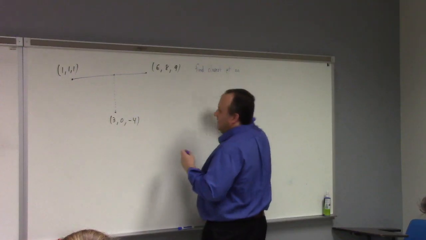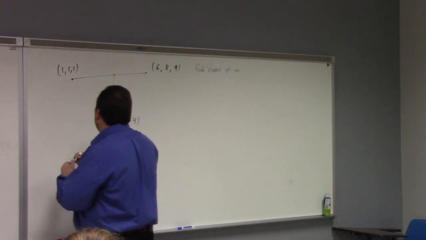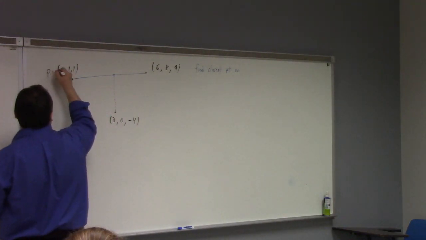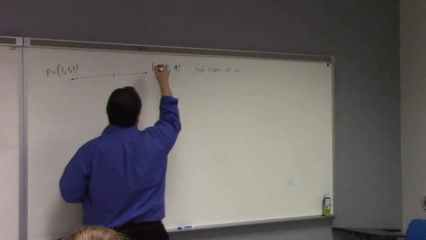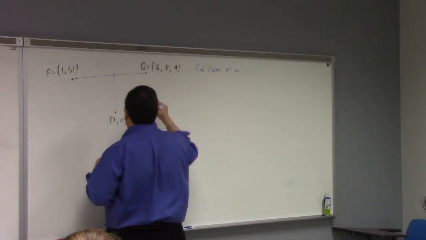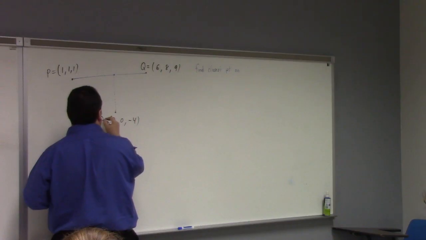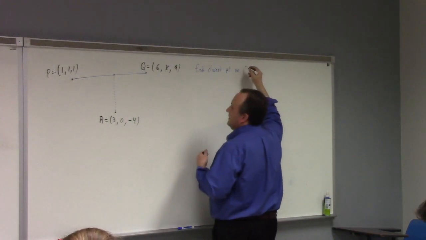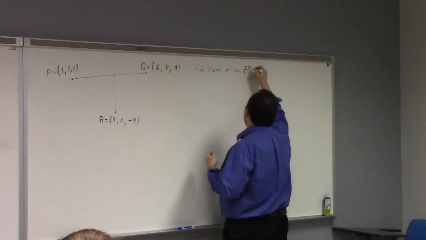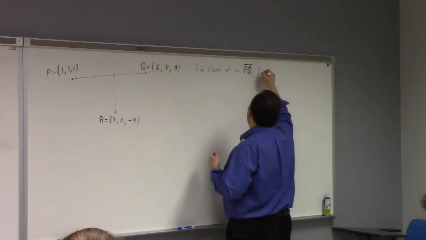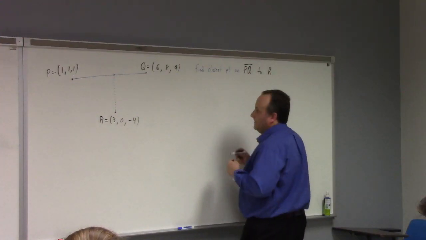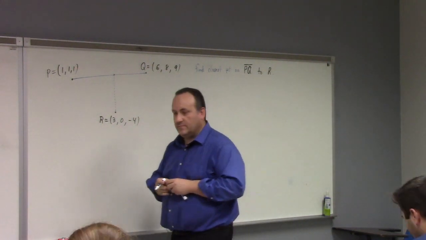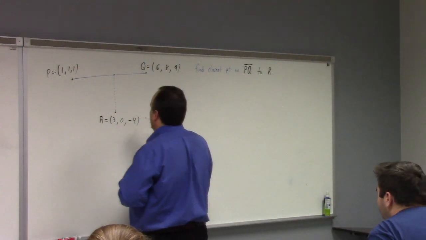I should give these things some labels so we don't have to write them. I'm going to call this P, I'm going to call this Q, and I'm going to call this guy down here R. So find the closest point on PQ to R. Let's give a name for that point.